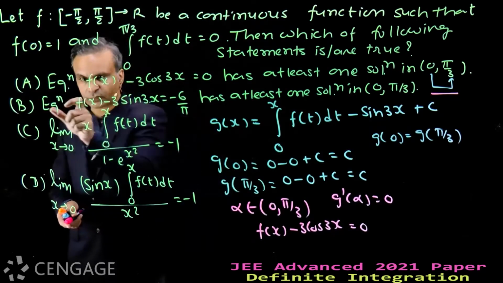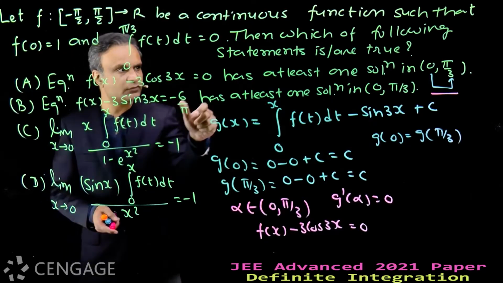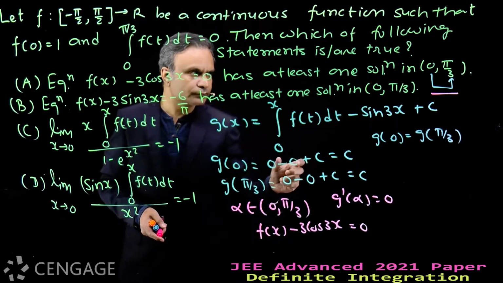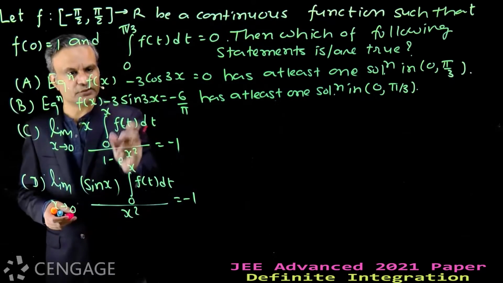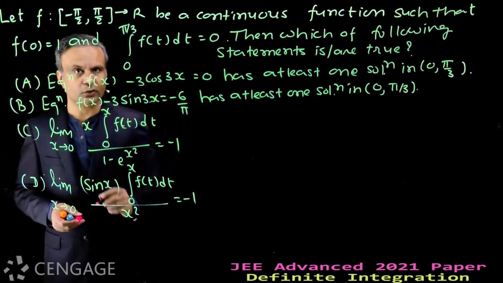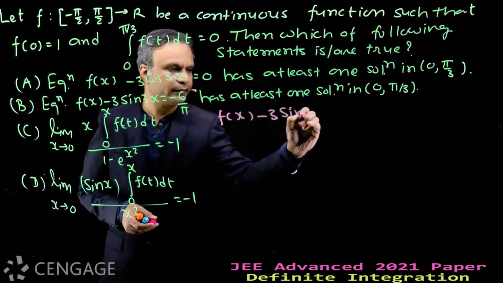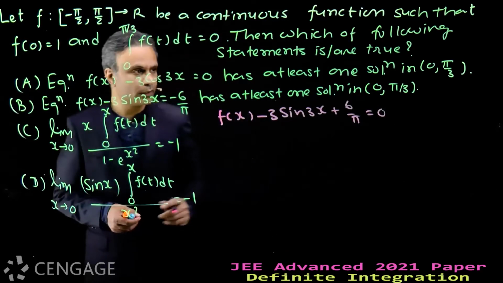So here we are using Rolle's theorem. In the second option, this equation has at least one solution in this interval. In this case also we will be using Rolle's theorem. Now we rewrite this equation by taking minus 6 upon pi on the LHS. We get the equation f(x) minus 3 sine 3x plus 6 over pi is equal to 0.